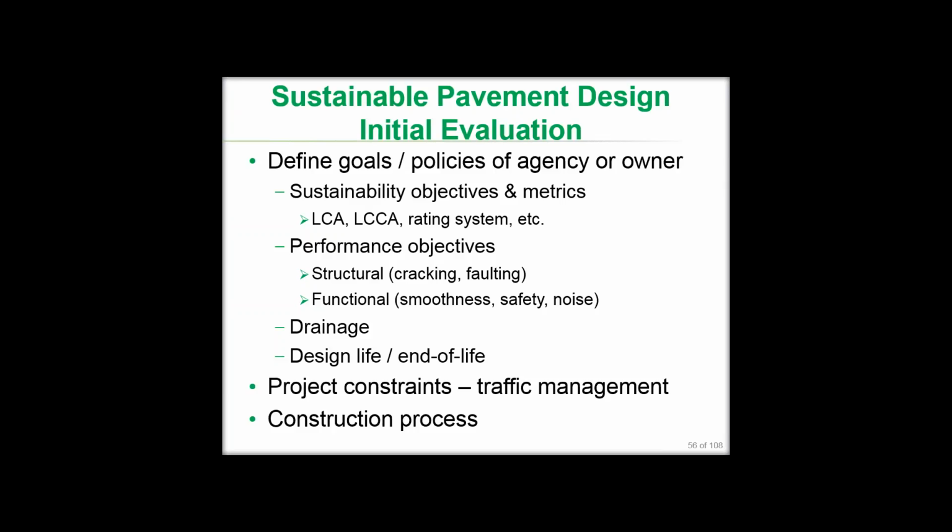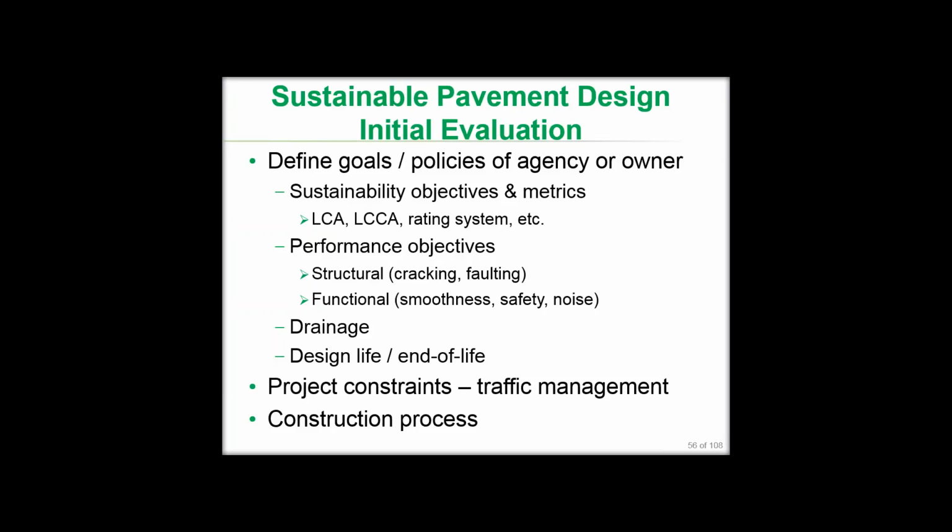Those policies have different objectives, one being the sustainability objectives, and that could be whether they have a rating system that has to be used, an LCA, and a life cycle cost, what the performance objectives of that roadway are in terms of a condition rating system, a cracking system, a functional objective in terms of smoothness or noise. Likewise, they may have drainage objectives for that roadway, and then they also have expected design or service lives and what they're going to do with that pavement at the end.